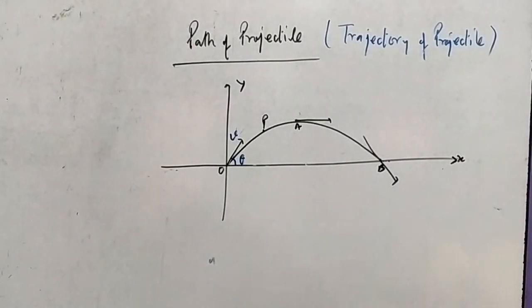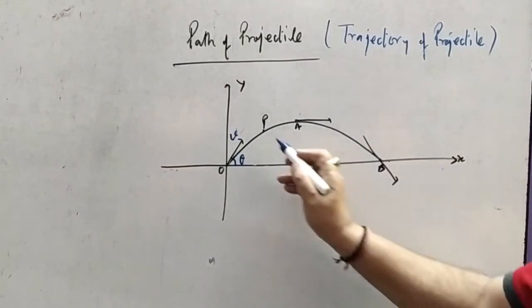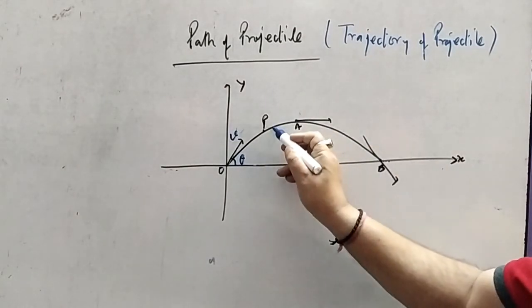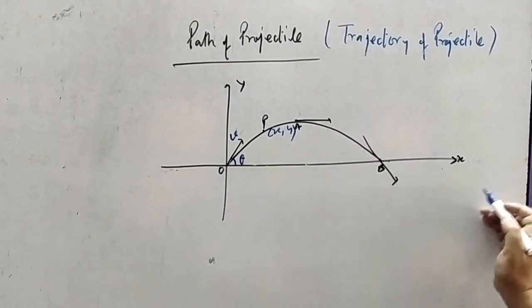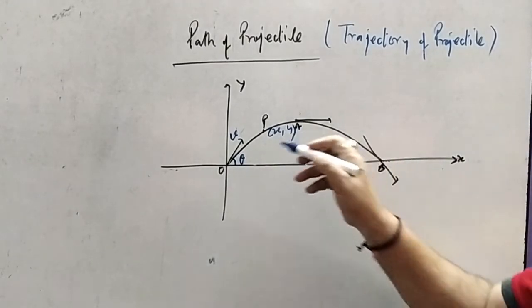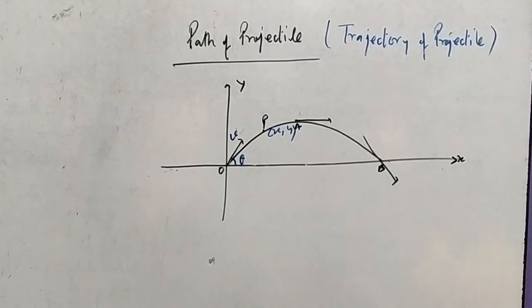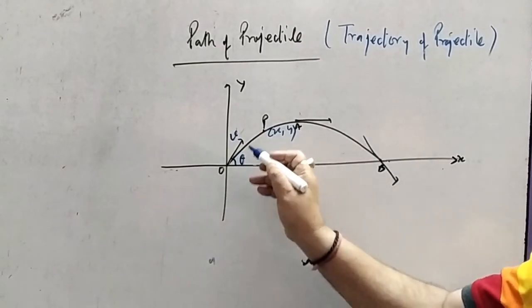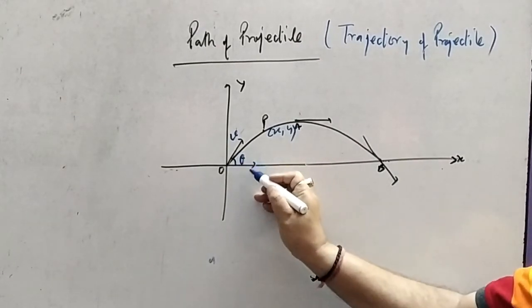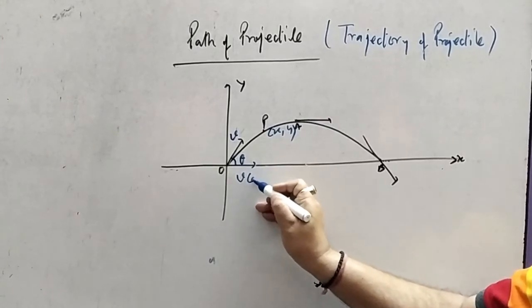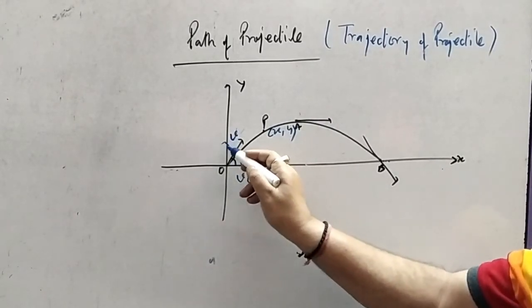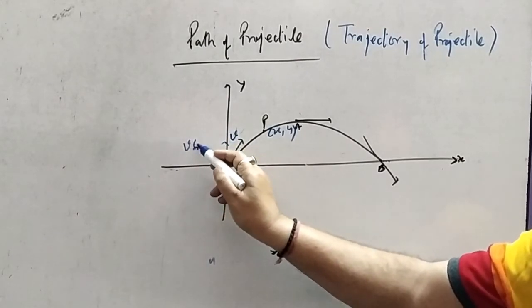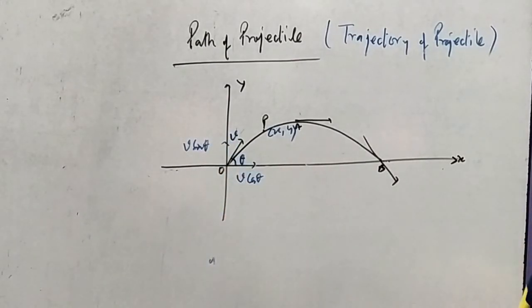In the trajectory there is a point P. Its coordinates are x, y, where I am considering the horizontal direction as x and the vertical direction as y. Therefore, we can resolve the velocity into two components. This is v cos theta as horizontal velocity, and v sin theta as vertical velocity.